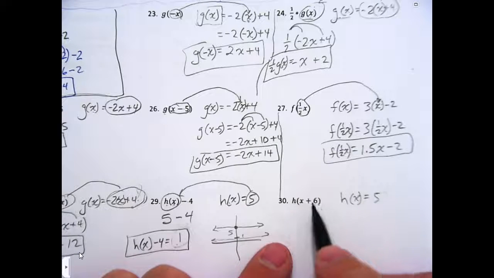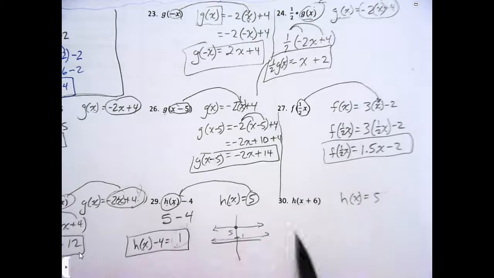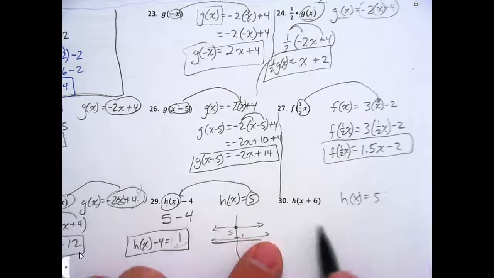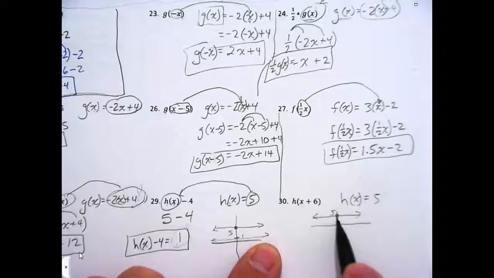This is horizontal. It's a horizontal translation, 6 units to the left. Now, if I take this line, which is y equals 5 or h of x equals 5, and I move it 6 units to the left, is that line going to change? No, it's the exact same thing. It's the same line going through that point.